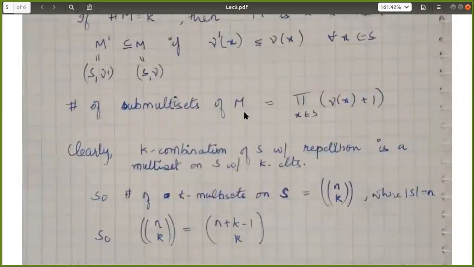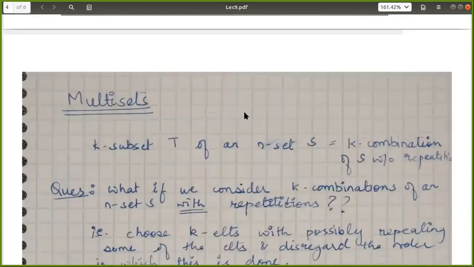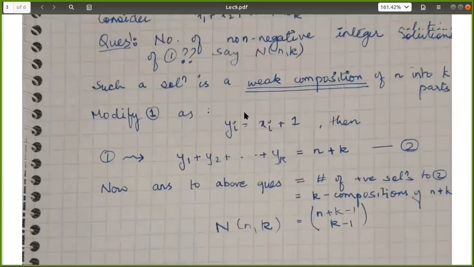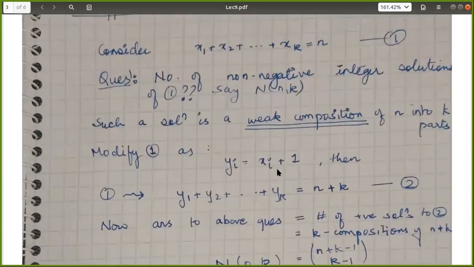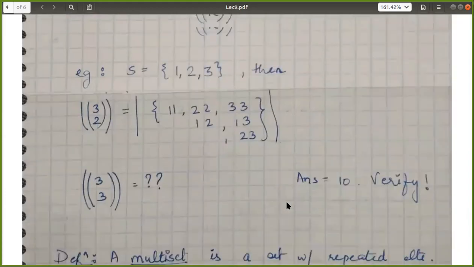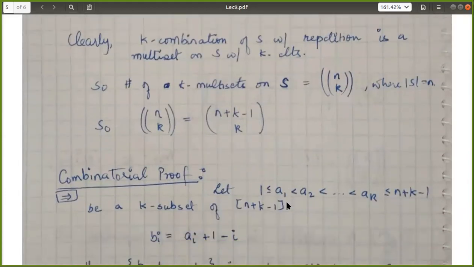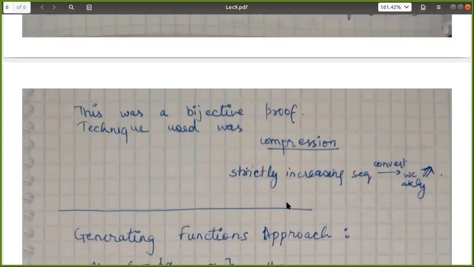This kind of thing we used earlier also when we had done this addition here. From something which could have hit a 0 here, now you have come down to something which does not hit a 0 and is always on the positive side. So such a technique is called compression, where you convert a strictly increasing sequence to a weakly increasing sequence.